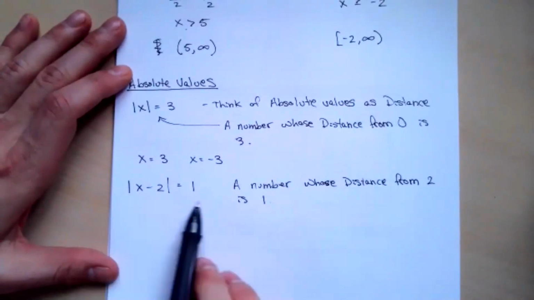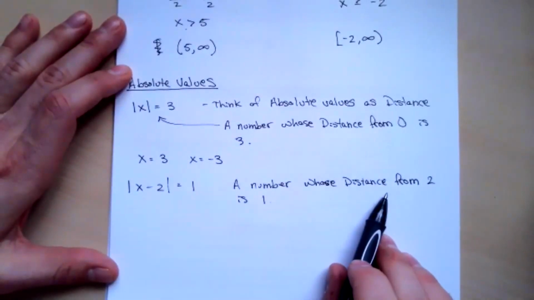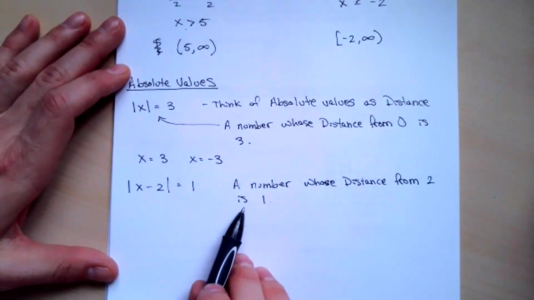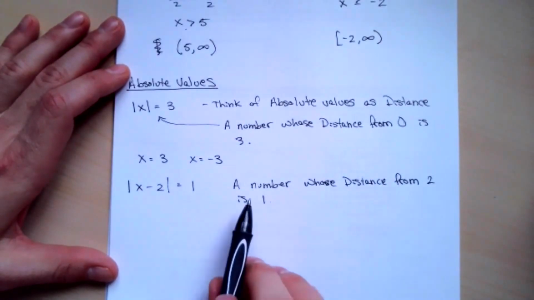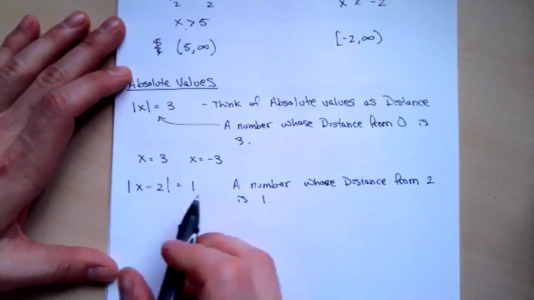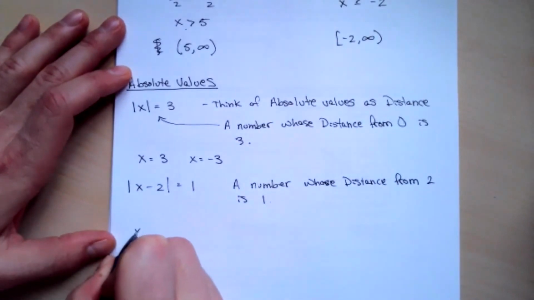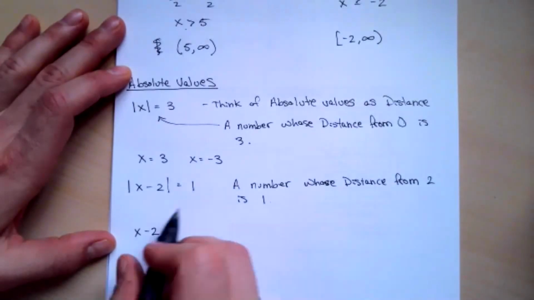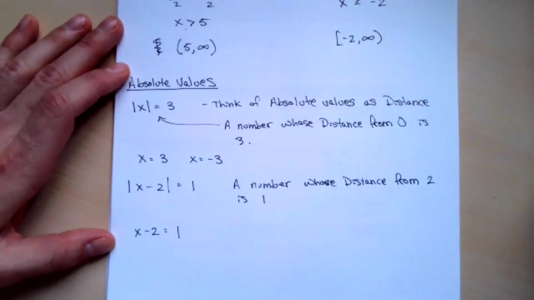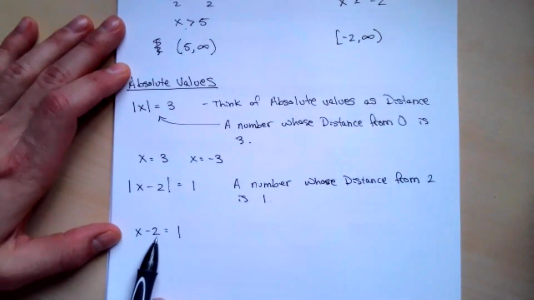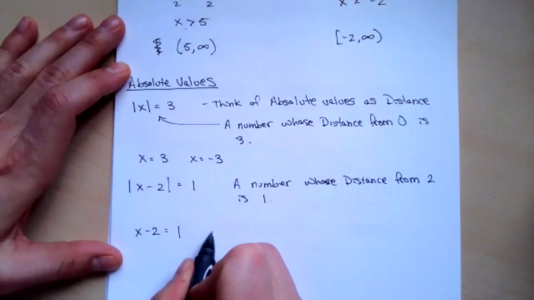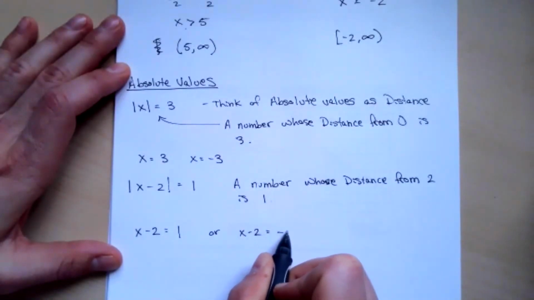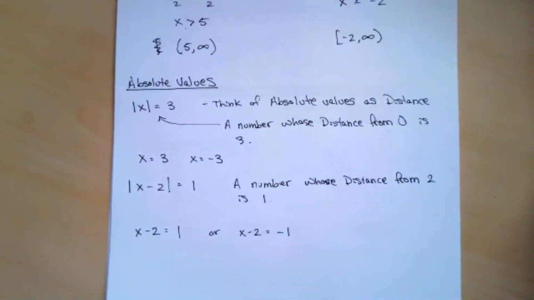And so how do we solve stuff like that? Well, what numbers are a distance 1 away from 2? We can describe that by the number minus 2 could be 1. In other words, the number could be 1 above 2, or the number could be 1 below 2.